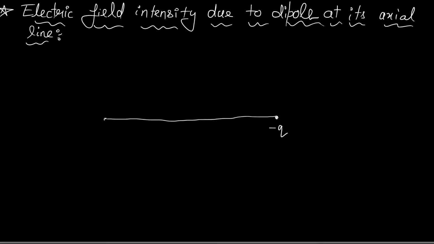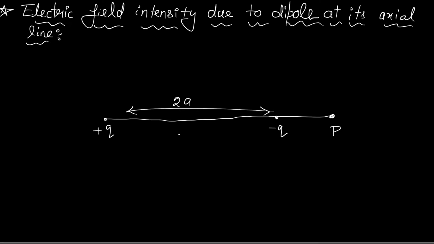We represent it by positive q, and the distance between them is 2a. And let us assume that we are going to find the electric field at point p.